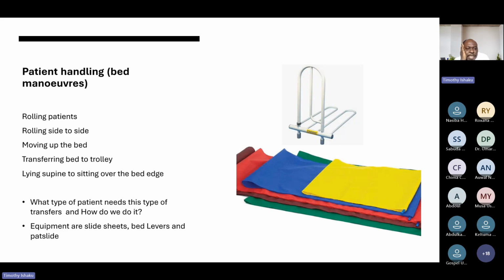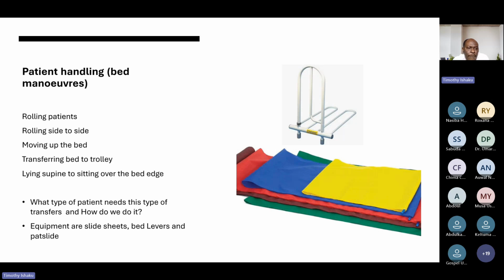So talking about maneuvering the patient, before we talk about using techniques, or using our natural body mechanics to move a patient in the absence of techniques, let's say we have equipment.